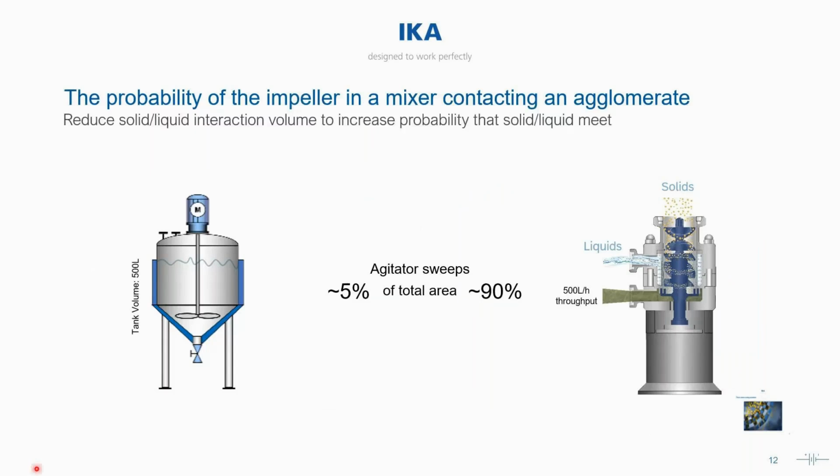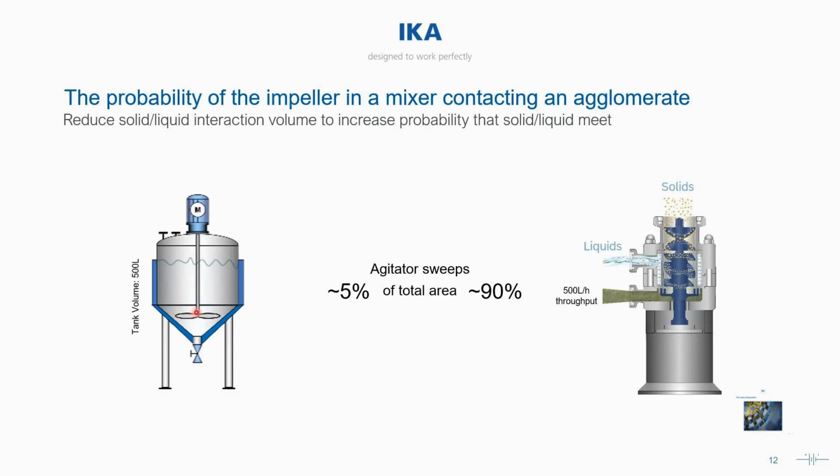So as a quick thought experiment, what is the probability that an agglomerate will contact this high energy dissipation region in your mixer? Well, if we look at the mixer on the left, an agitated vessel type mixer, we have a total volume of 500 liters.